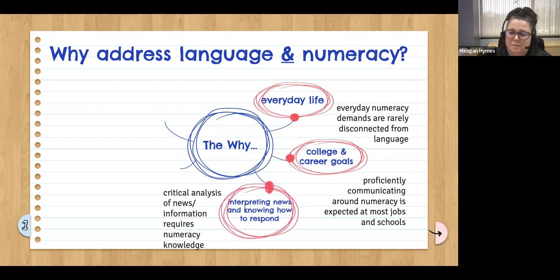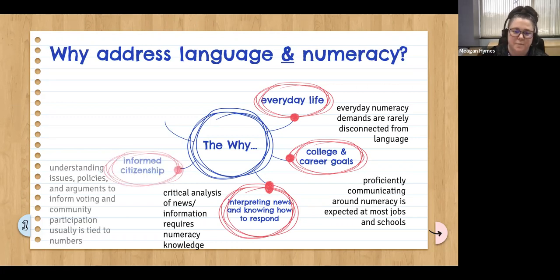Then there's interpretation, which as an instructor, you all know is big, particularly with story problems and testing. It's not always some sort of 4 + 2 on a page. Students need to interpret information and graphs, and all of that takes language understanding. It also informs citizenship.